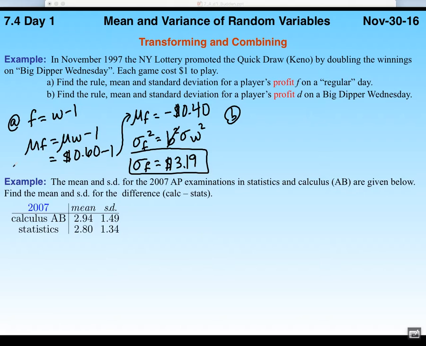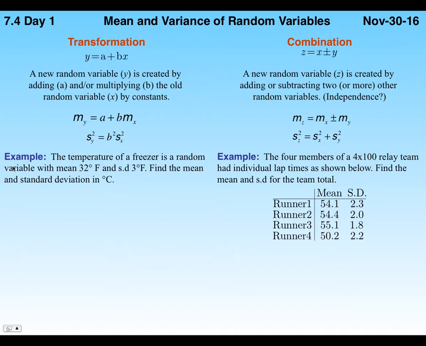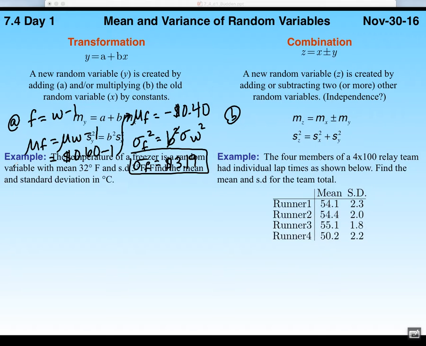Okay. So before we talk more about this, one thing I would like to point out, over here, on the other page with combinations, there's one thing that's really important in future statistics classes, but we just kind of glaze over it in AP Stats. This formula only applies if your variables are independent.